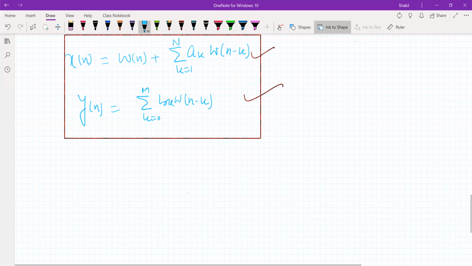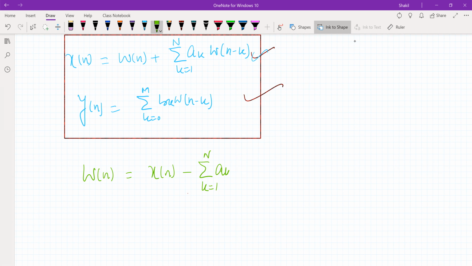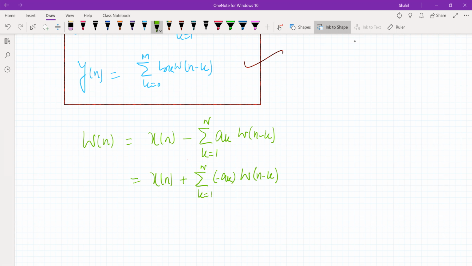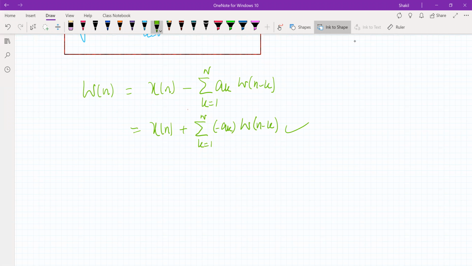To realize this expression, we say Wn is equal to x of n minus summation k from 1 to N of a k w of n minus k. I can write it like this: x of n plus summation, and I will write this a k like this. Let me realize this expression first.